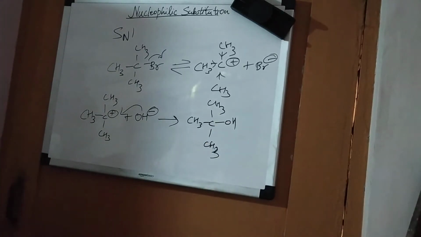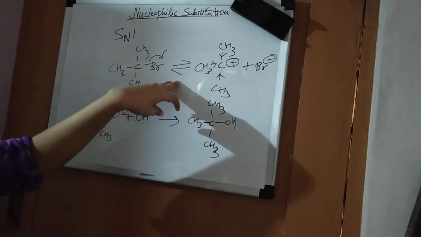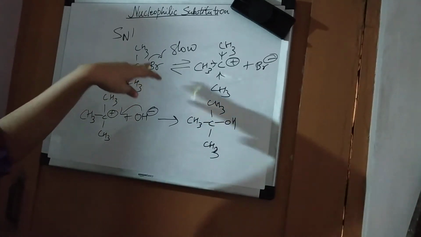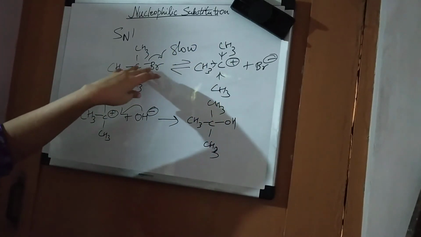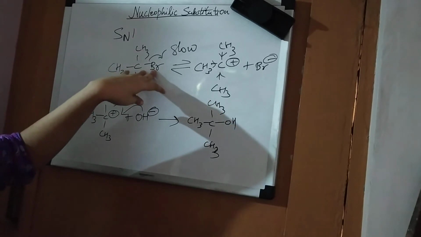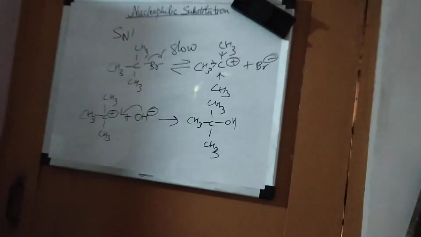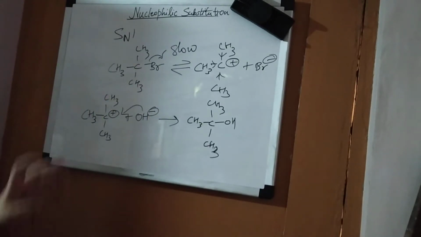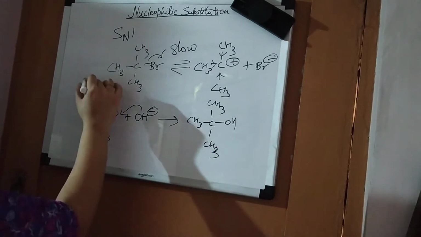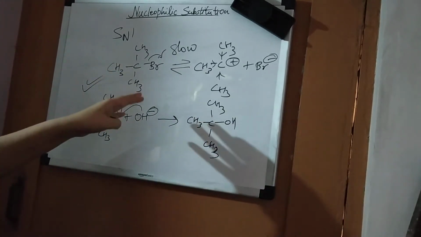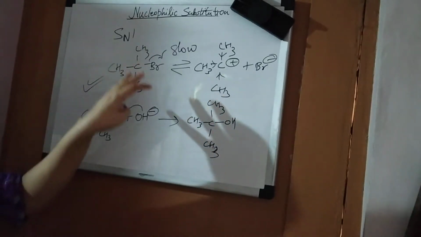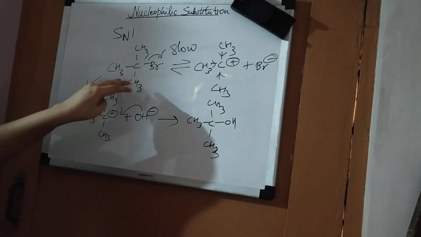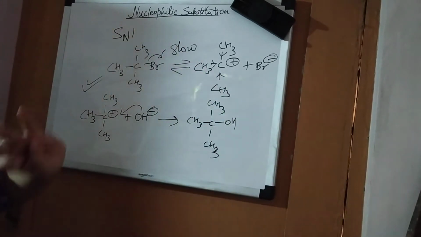This first step is very slow because the bromine group leaves very slowly, so the carbon-halide bond breaks slowly. This is the slow step, and you know that the rate of the reaction depends on the slow step. In the slow step only one reactant is present, the alkyl halide. So the rate depends on the concentration of only the alkyl halide, not on OH negative, the nucleophile. That's why it is called SN1, substitution nucleophilic unimolecular.